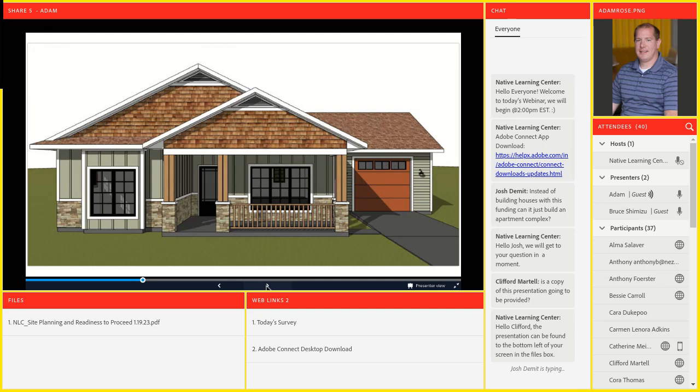This is just an elevation of one of those unit types. There's a series of them that fit on the site together, but really just a pretty awesome design and something that Dry Creek is going to be proud of to have as an asset for their community for many, many years to come, and that's going to provide good, stable, quality housing for elders and their grandkids and family members as needed right in Cloverdale.